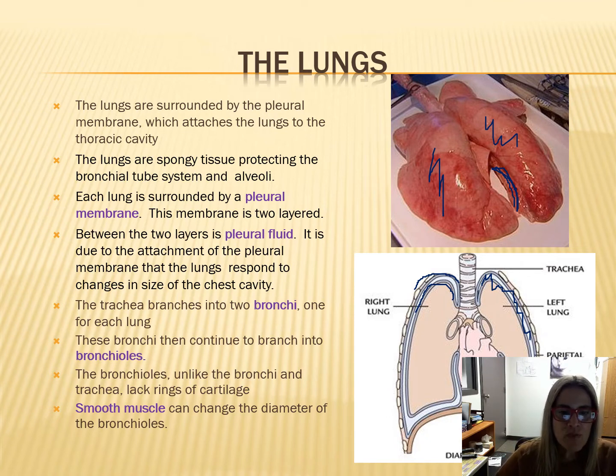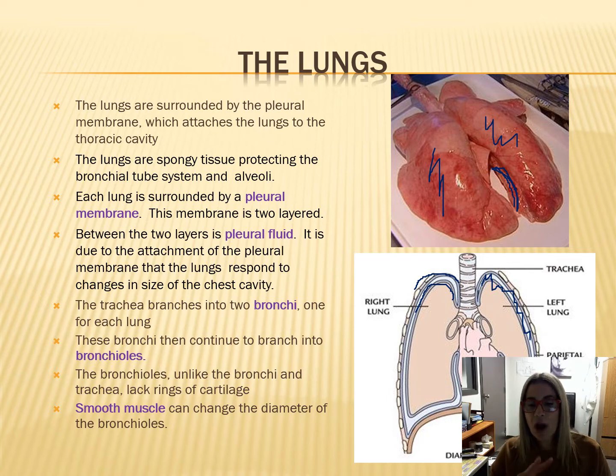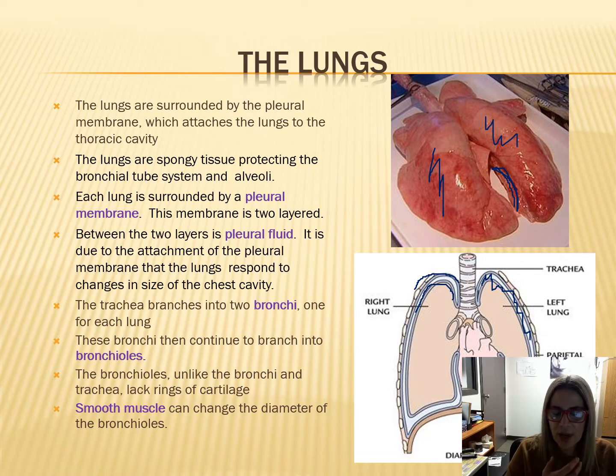And the other thing that's important when we talk about the bronchioles versus the bronchi is that the bronchioles are actually capable of constriction and dilation. Your trachea is not capable of that, and the bronchi are not capable of that. The bronchi and the trachea are quite rigid, and they have the cartilage to maintain structure.